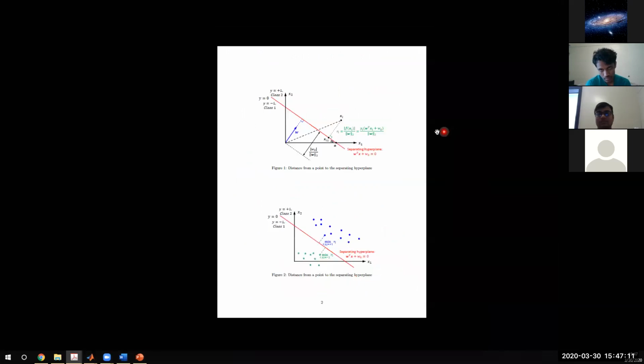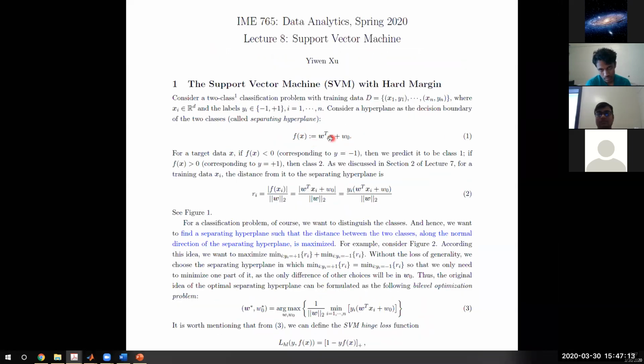Suppose you already have w star and w0 star, then you check whether f(x) is greater than 0. If it's greater than 0, then class 2. If it's less than 0, then class 1. What if it's exactly equal to 0? Forget about it. Here we don't discuss this case. In the soft margin SVM, we're going to discuss this case.